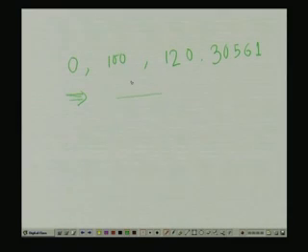The digital representation of these numbers is very simple.